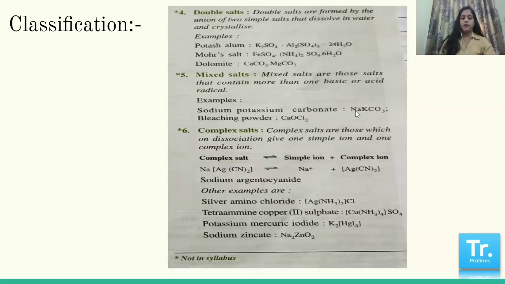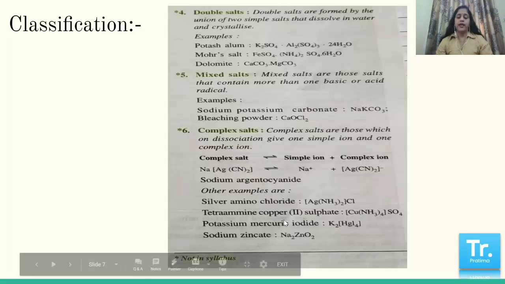Like sodium argentocyanide or potassium argentocyanide, which we did in electrolysis for silver coating, with a simple ion, sodium ion, and a complex ion, argentocyanide.